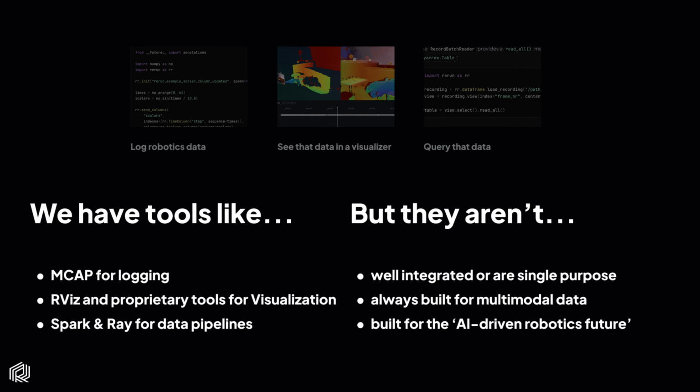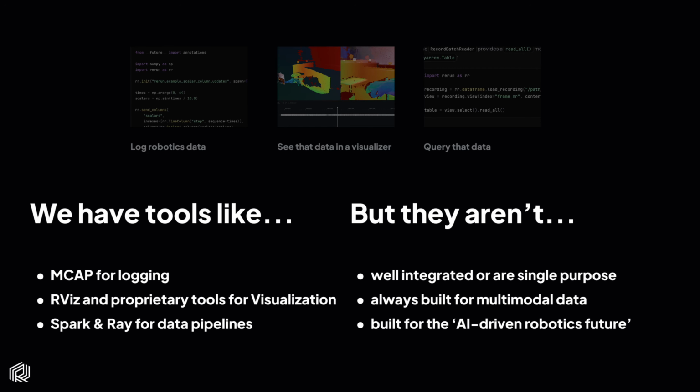And I'm sure you're asking yourself, hey, Bill, don't we have tools for that? And the answer is actually yes, we do. But there's a big distinction that I think is really important. We have tools like MCAP for logging, RViz, and proprietary tools for visualization. Those tools exist. We have Spark and Ray for data pipelines as well. However, they are not well integrated.